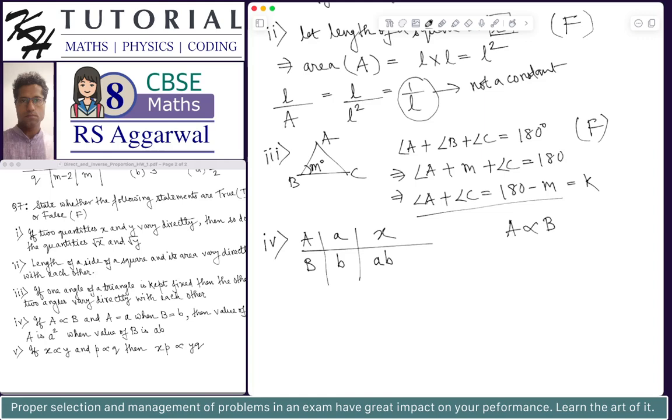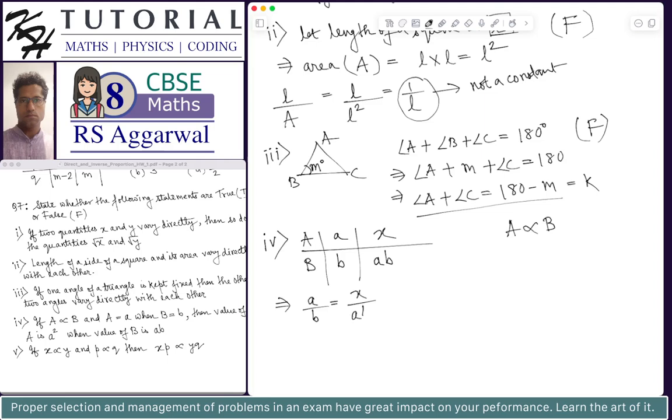Any unknown is always represented by letters like x, y, z. So let's say when the value of capital B is small a b, then the value of quantity capital A is x. So we must have A by B is equal to x by ab.